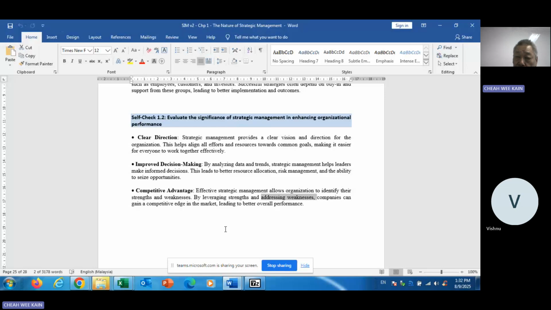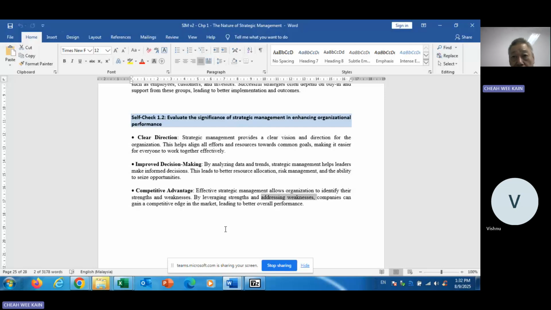In many cases, it's always using the skills that you have, the strength that you have, use that one first. Because that's the one you're going to capture your market more. Reducing weakness is actually secondary. First, take advantage of the good points. Then if you still got enough time or resources, address your weakness.